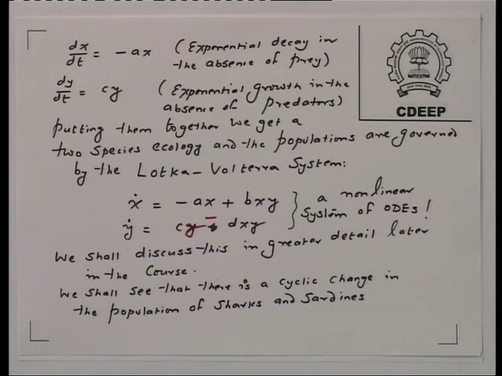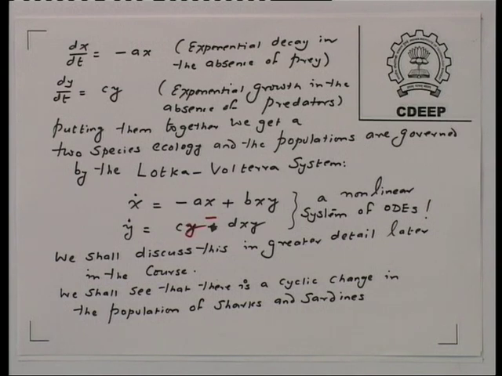Now remember, X is the population of sharks. Suppose that there were no sardines at all. There are only sharks in the lake. Then what will happen? Their population will rapidly decline, correct? There won't be any food for them, and there will be an exponential decline in the population.